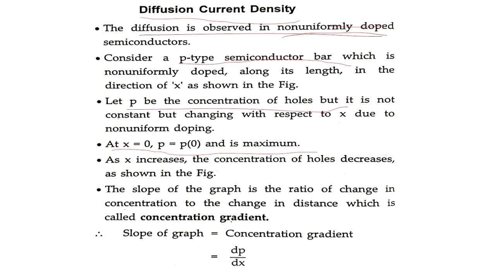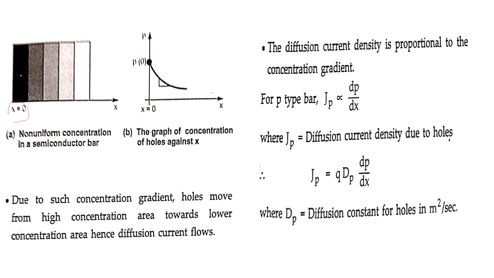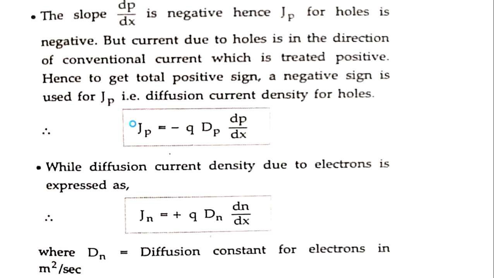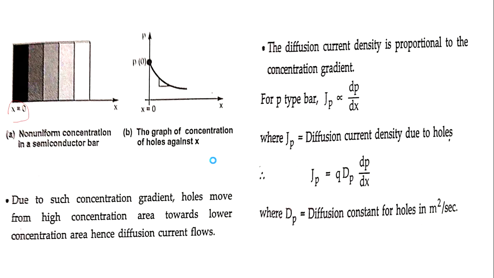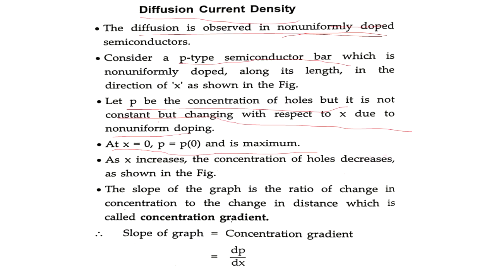But it is not constant, it is changing with respect to x due to the non-uniform doping. Initially at x is equal to 0, there is a huge concentration of atoms. Later, when it moves in the x direction, the concentration tries to decrease. As x increases, the concentration of holes decreases, as we have seen in the figure.